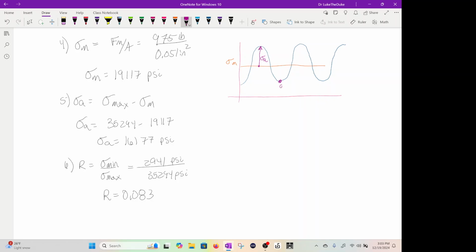The bottom part here is sigma min, and the top is sigma max. Okay. So I wanted to show you a practice problem to prepare you for the next problem. And this is how you draw these oscillating or fluctuating forces. Okay, best of luck.